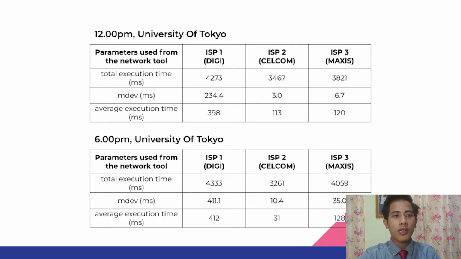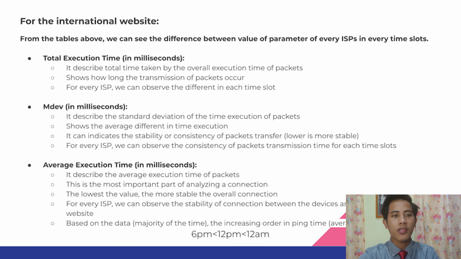For the next slide, we can see the discussion about the international website. The total execution, MDEV, and also the average execution time are very similar to the previous one. But this time, like before, we will highlight just the average execution time, since it's the most important parameter of this testing.